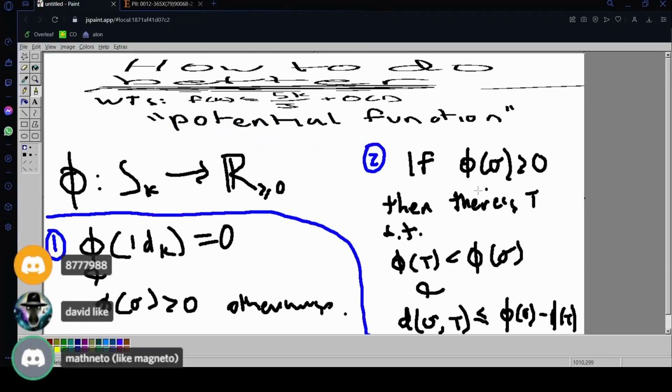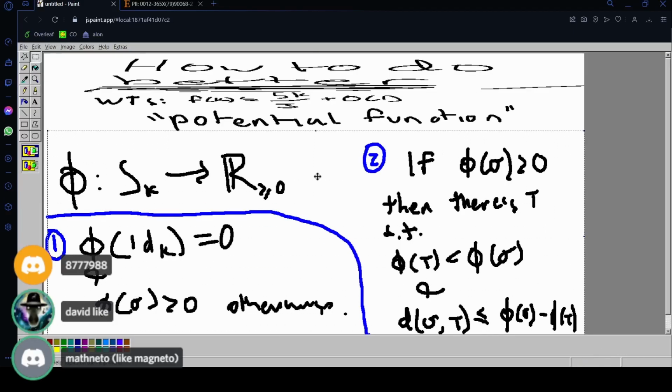Basically, we want to reach 0, and we can always find some place where the potential gets smaller, so we're making progress. And the amount we pay for it, the number of reversals we use, the distance, is at most the difference between these potentials.